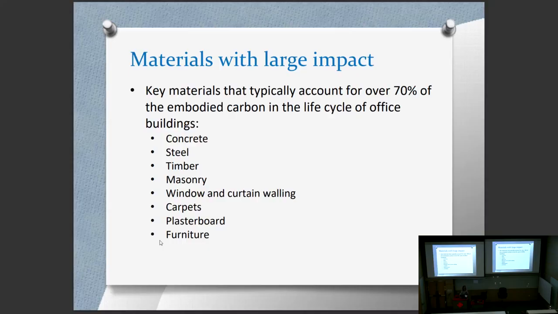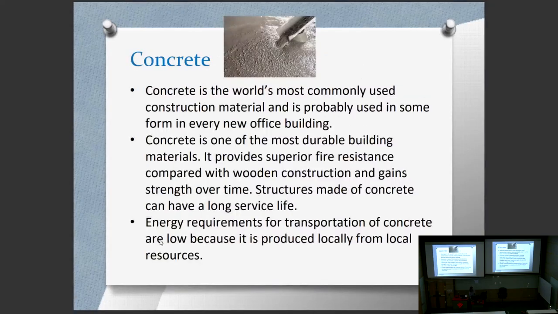Other than the greenhouse effect and climate change, there are other impacts of these materials, maybe toxic material, the consumption of water, air pollution, or ozone depletion and others. But for this subject, the impact would be global warming, the greenhouse gas emissions.